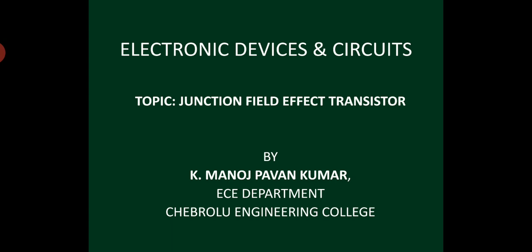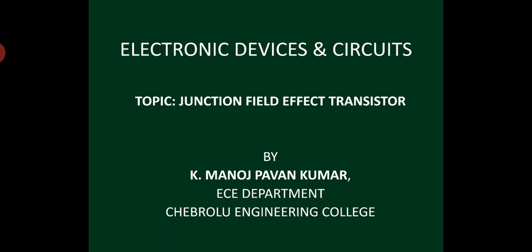Likewise, FET is classified as JFET, MOSFET, and there are some other classifications also, MESFET, IGFET, and I am not covering those topics in this course. So FET can be classified as JFET and MOSFET according to our syllabus.